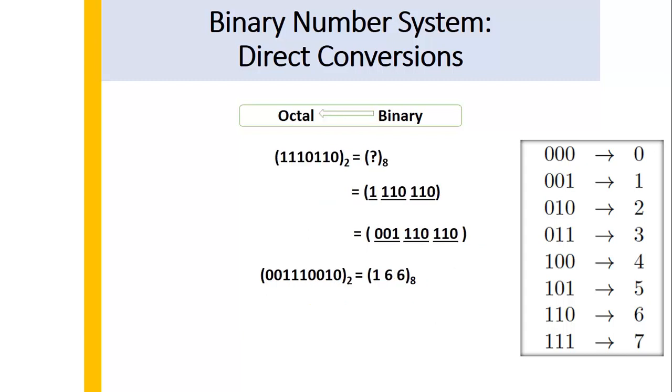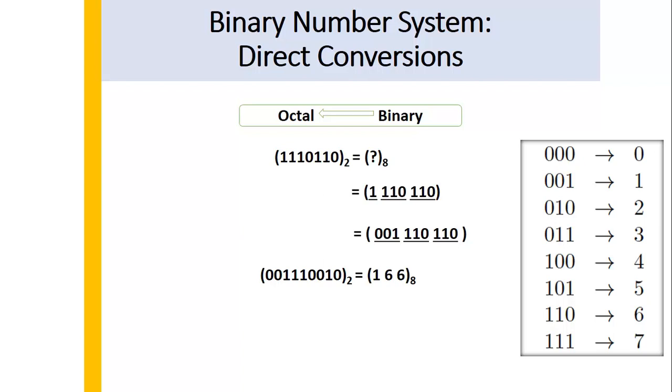Let's convert it back from binary to octal. The example we are taking is 1110110. Now how many bits do we require to form 1 digit of octal? 3. So we'll start pairing the binary number from the right hand side in groups of 3 each.